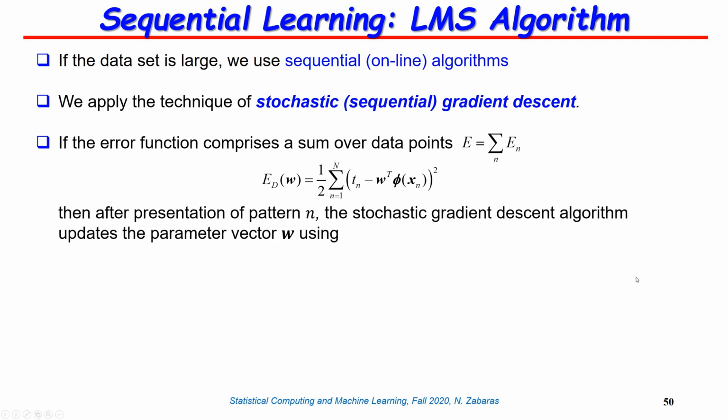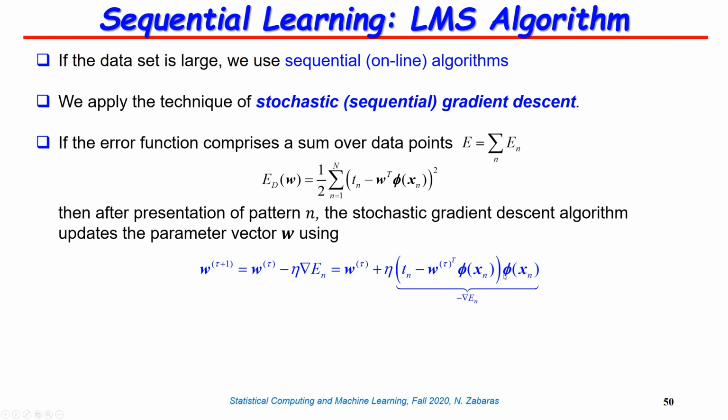So E_n in this particular case would be 1/2 of this parenthesis squared for the training point n. Without reminding you everything about Robbins-Monro, effectively, iteratively, if you have an estimate of the parameters W up to now, you can use your previous estimate, move in the direction of the negative gradient, evaluated at your nth training point, where eta is some training rate, and then update the parameter.